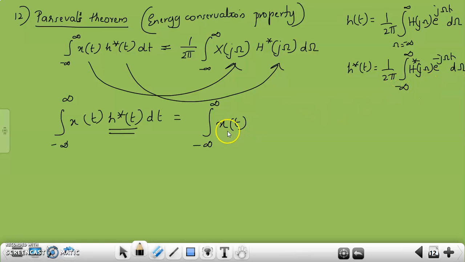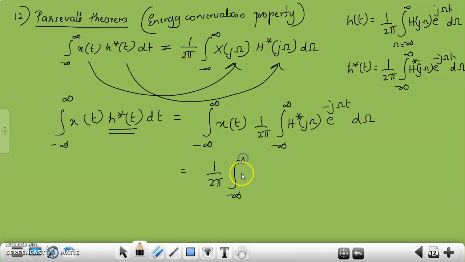So I can write x of t into h star of t as 1 by 2 pi integral from minus infinity to infinity h star of j omega e raised to minus j omega t d omega. This I can write as 1 by 2 pi integral from minus infinity to infinity h star of j omega, then integral.